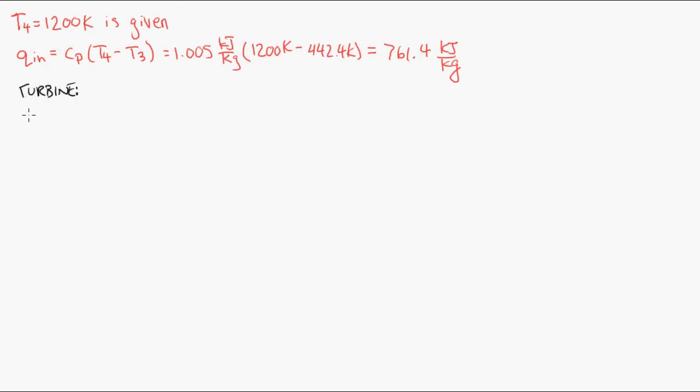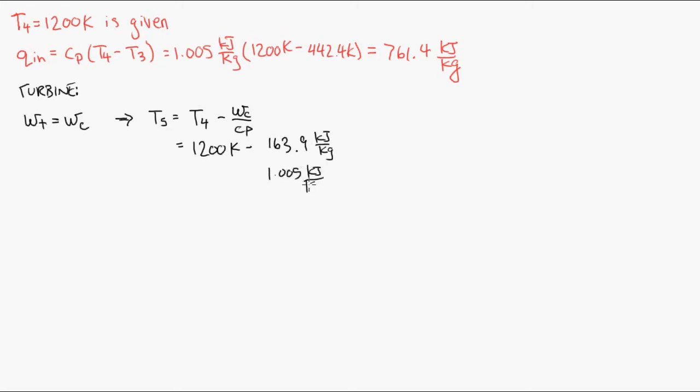Now doing a control volume around the gas turbine, we know that the turbine is only driving the compressor, so we can equate the work from the turbine to the work from the compressor. This allows us to solve for the temperature at state 5. Then we get the temperature at state 5 is equal to 1037 Kelvin.